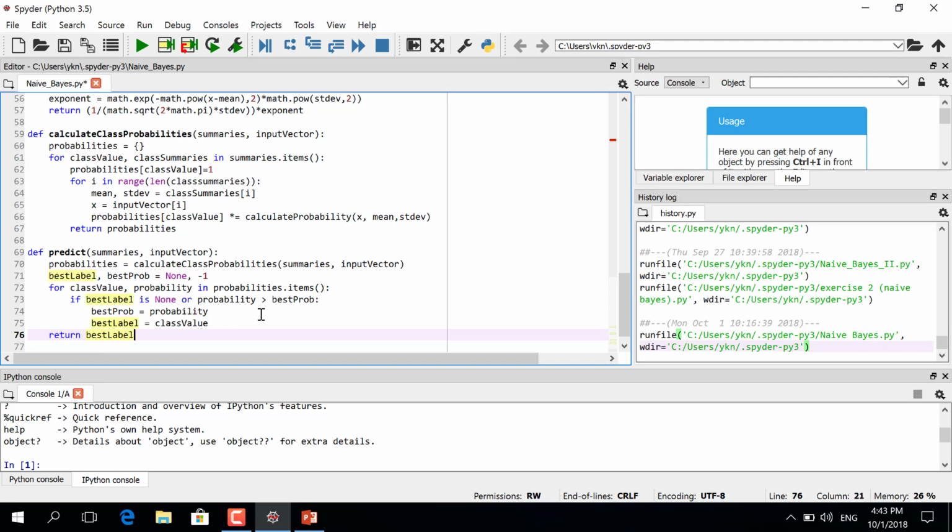Only the highest probability should be used to make a decision whether a certain row is +1 or -1.